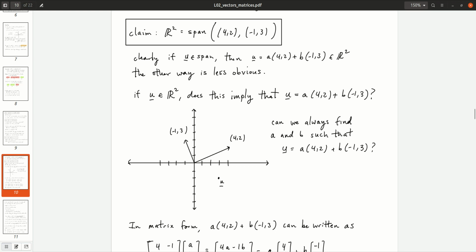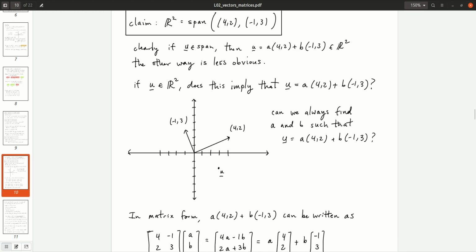All right, so here's just a little plot of what these vectors look like. This is minus 1, 3, and this is 4, 2. And we're going to take some arbitrary point U, and we want to prove that no matter which U we pick, we can always write it as a linear combination of these two vectors. So can we always find A and B such that U equals A times 4, 2 plus B times minus 1, 3?